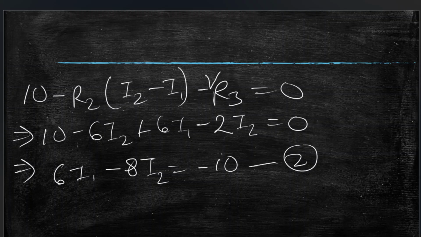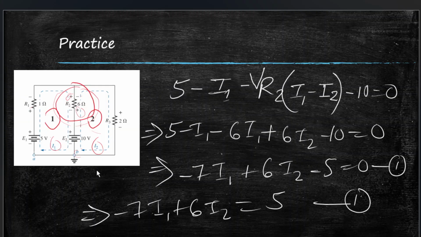Now we have two linear equations. Now let's plug them in the calculator and solve them. I'll make a separate video showing how to solve linear equations in the calculator. But for now, just plug them in. First equation 1: minus 7, 6, and then 5.